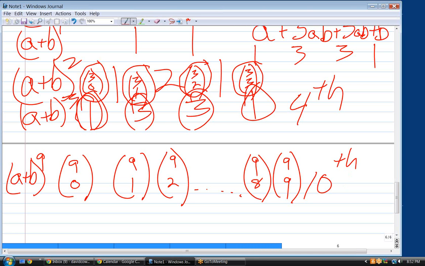All right. In fact, that would be a pretty good question: what's the 10th row of Pascal's triangle? Or a better question would be, what's the 27th row or something? And then you would write it out like this. And in fact, the 27th row starts out how?